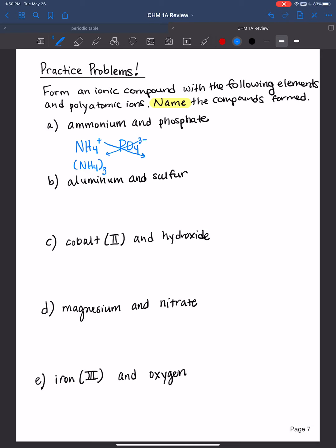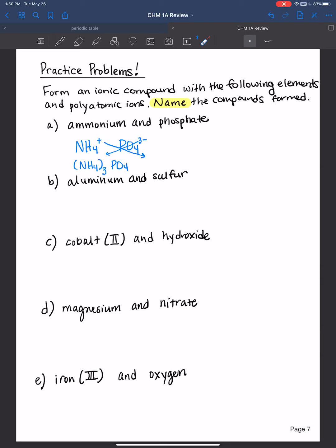So 3 down here, and then for the phosphate, just 1 down there. Make sure when you're working with polyatomic ions that you put parentheses if there's more than one polyatomic ion. This is basically one group here, and we need to say that there are 3 total ammonium.